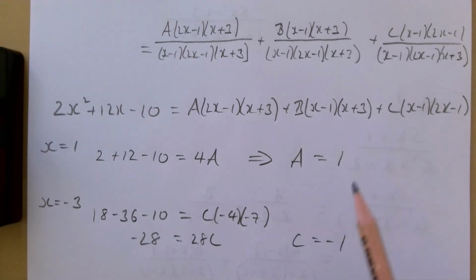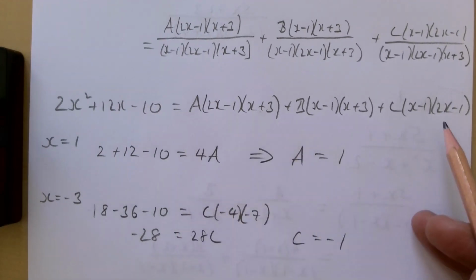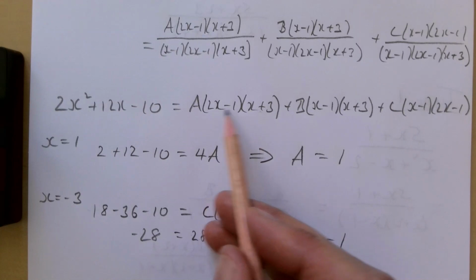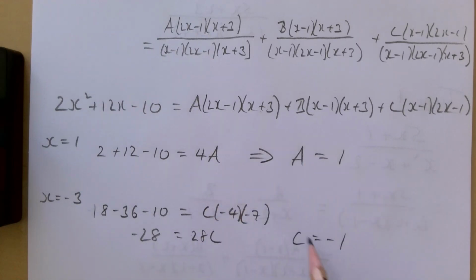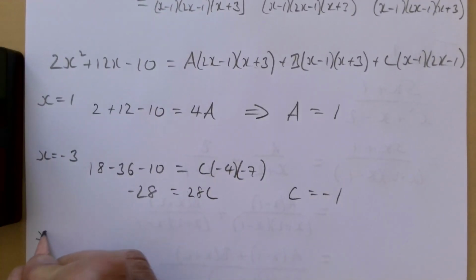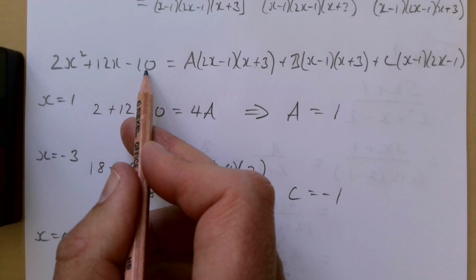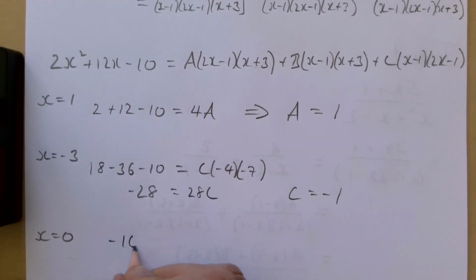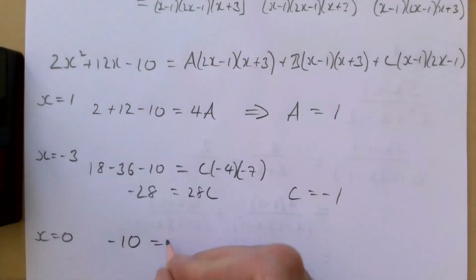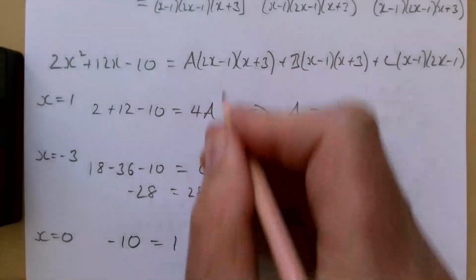I can of course sub in a and c and just put x equal to 0 here. That might be our way to go, or the other option then is put x equal to a half. So I'm going to sub these in and then let x equal 0. If x equals 0, this bit disappears and I end up then with minus 10. That's a 1 because we know that.